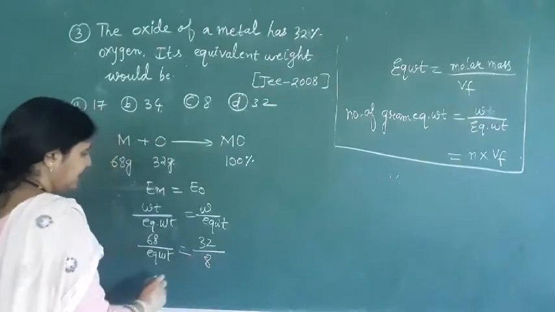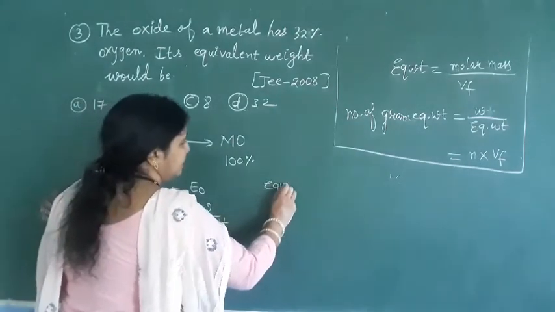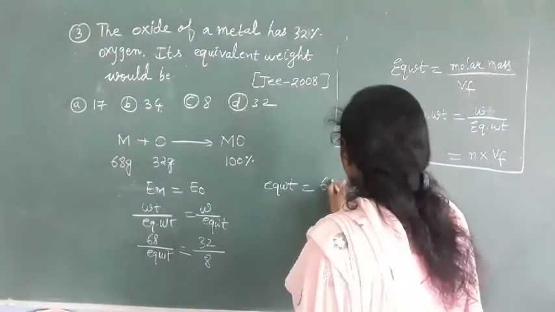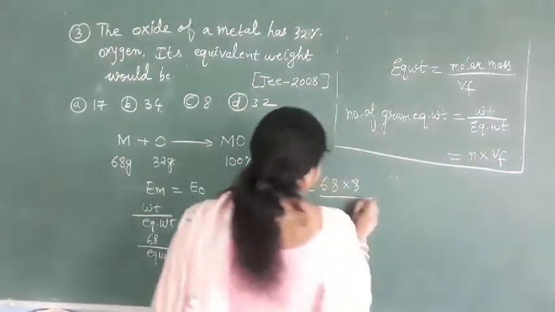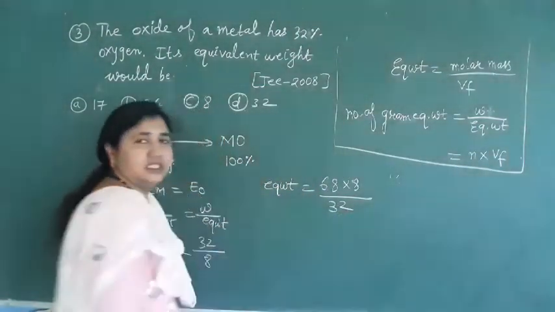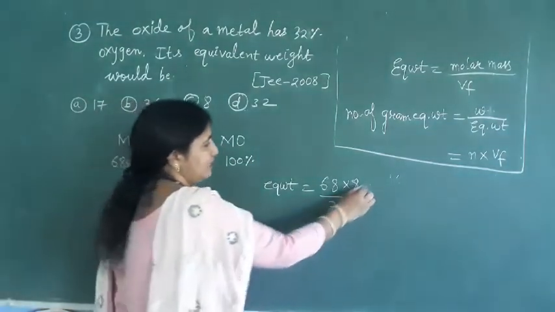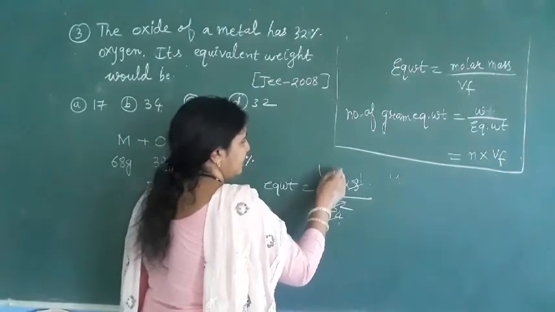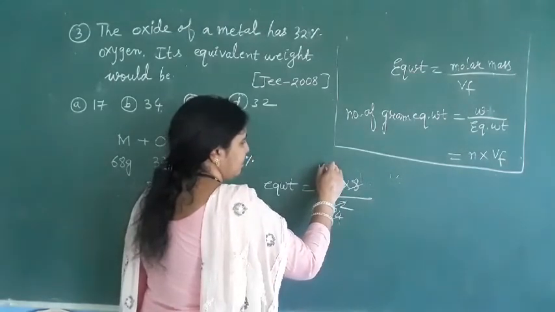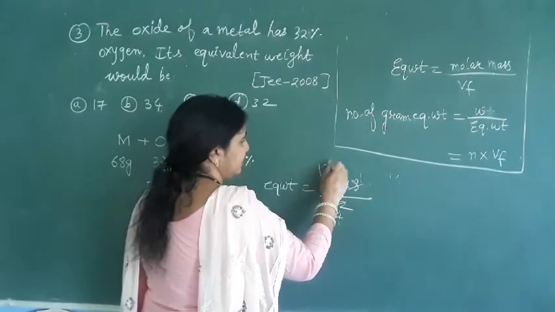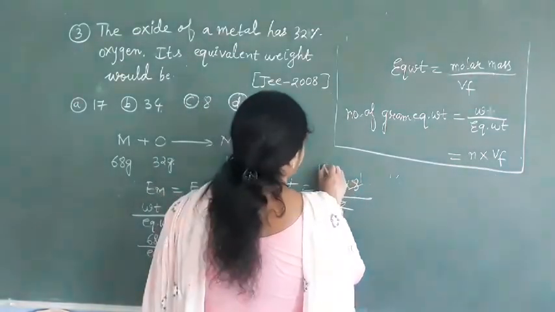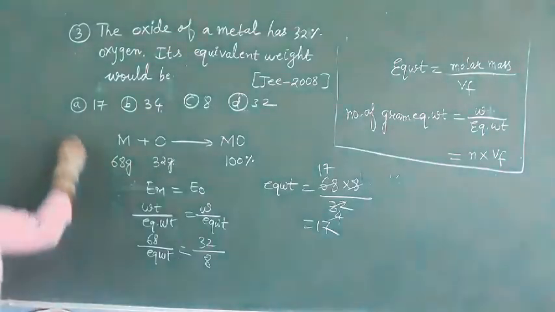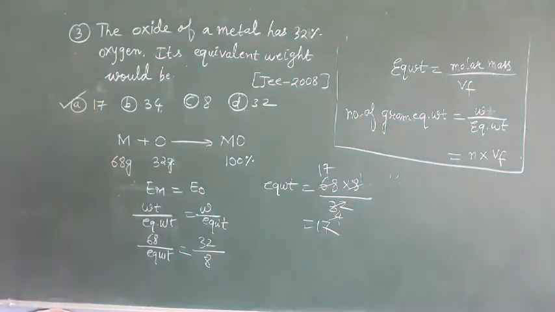So the equivalent weight of metal is 68 into 8 divided by 32. 8 ones are 8, 8 fours are 32, 4 ones are 4. And 4 sevens are 28, 2 remains. So we get 17. So option A is the correct option here.